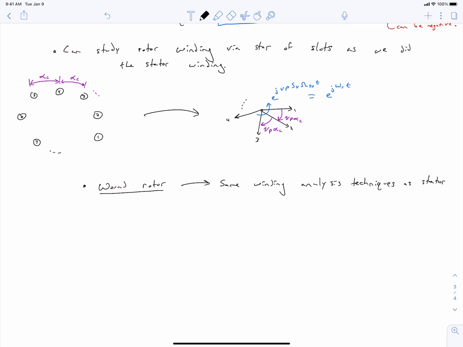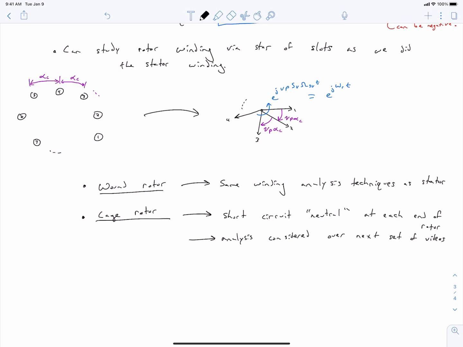The whole toolbox applies. But more interesting and more challenging is when we have the case of a cage rotor. And the analysis for this is going to be considered over the next set of videos. So in the squirrel cage rotor, it's as if we have a short circuit neutral at each end of the rotor.